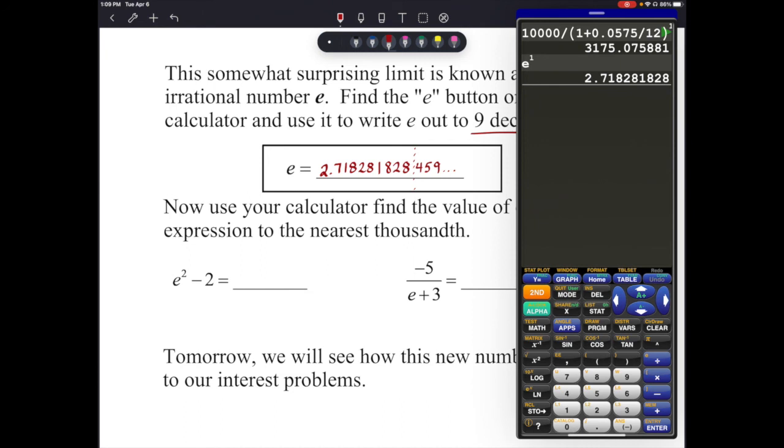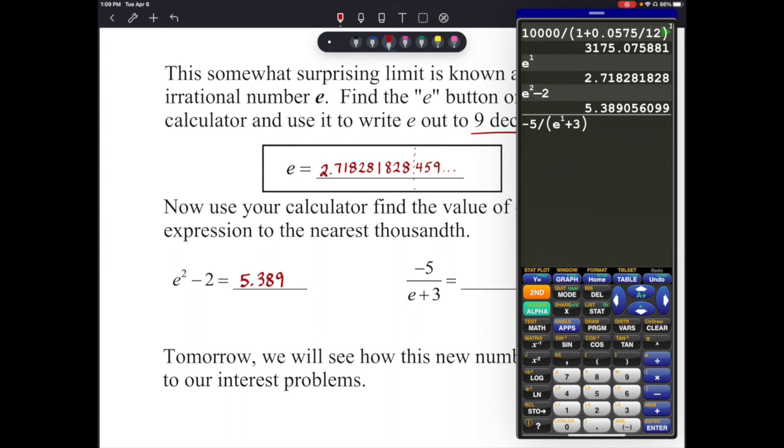So let's find the values of a couple expressions here. We have e squared minus 2, and they want us to round it to the nearest thousandth. That looks like it would be 5.389. And then let's do the second one, negative 5 divided by e plus 3.